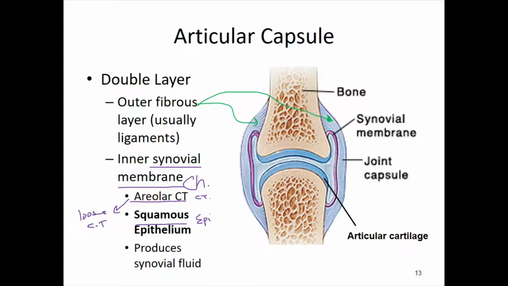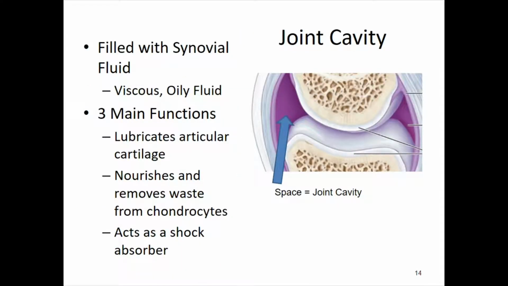This synovial membrane's main job is to produce the synovial fluid. So the synovial fluid will fill the joint cavity. The joint cavity is filled with synovial fluid, which is a viscous, oily fluid. It lubricates the articular cartilage. When it's lubricated, this makes the articular cartilage a very slippery surface so that you're not grinding your bones against each other and causing tissue damage when you're moving your joints.